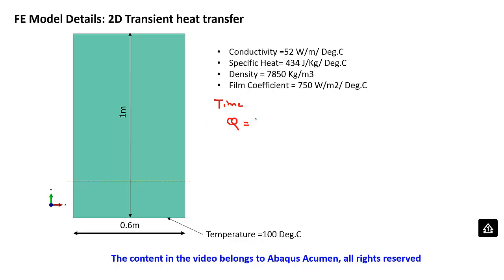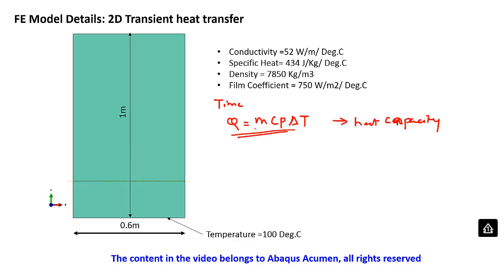Q is mCp delta T. Cp is nothing but your heat capacity. How much heat is required to raise a 1 kg mass by 1 degree? That is your governing equation.